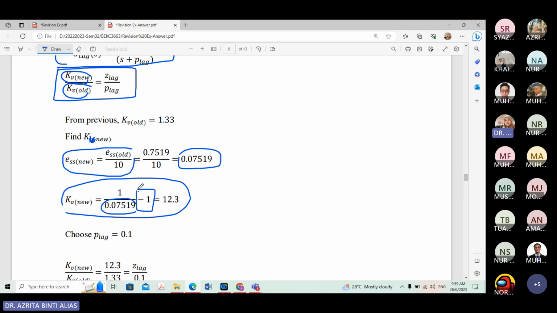Minus 1. Since the formula for KV ESS is equal to 1 over KV, there is no need to minus 1. The reason I minus 1 is because I just copied the ESS formula for KP, since for KP, ESS is equal to 1 over 1 plus KP. So that's why the earlier one was wrong.